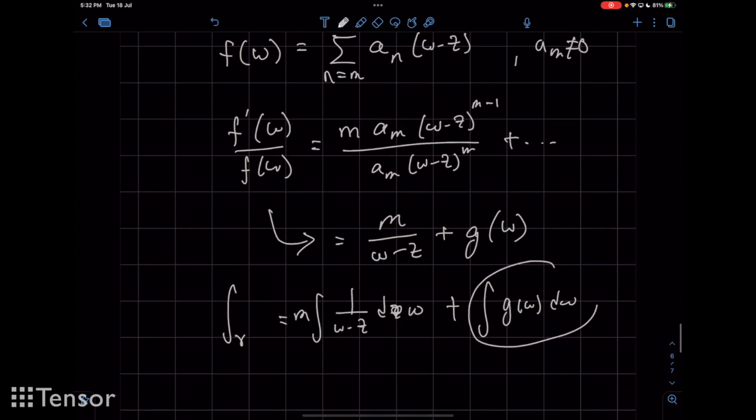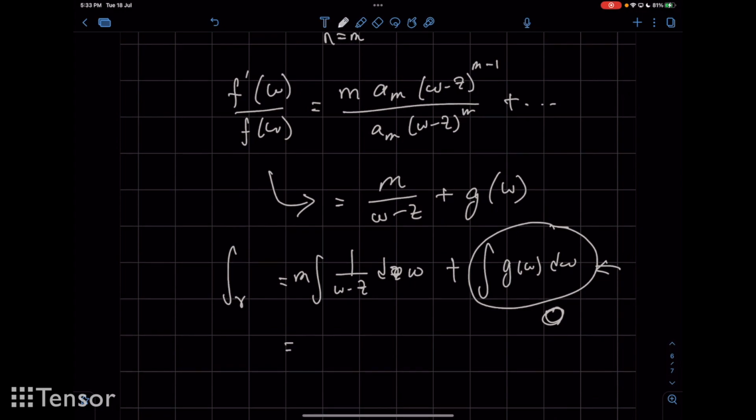And this integral is 0. Why is this 0? Because we required that f doesn't have any zero or pole in the interior of gamma, right? So that forces g to not have any zero or pole in the interior of gamma. So this integral goes to 0.